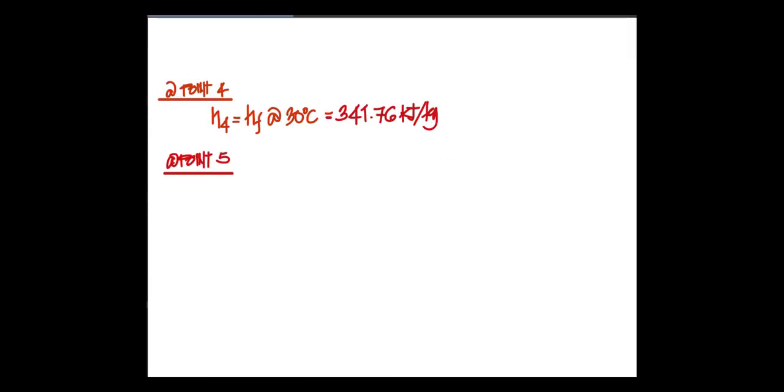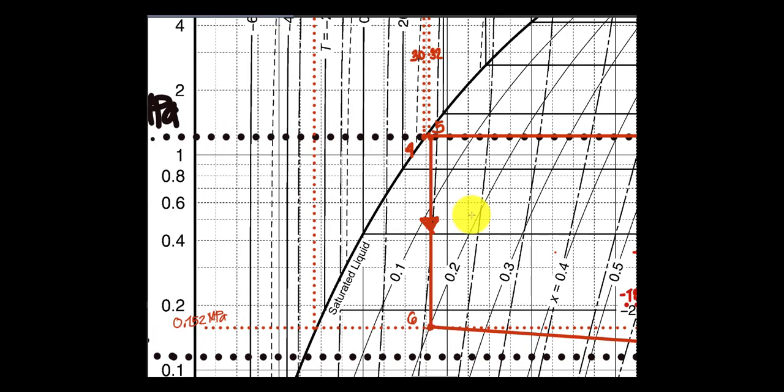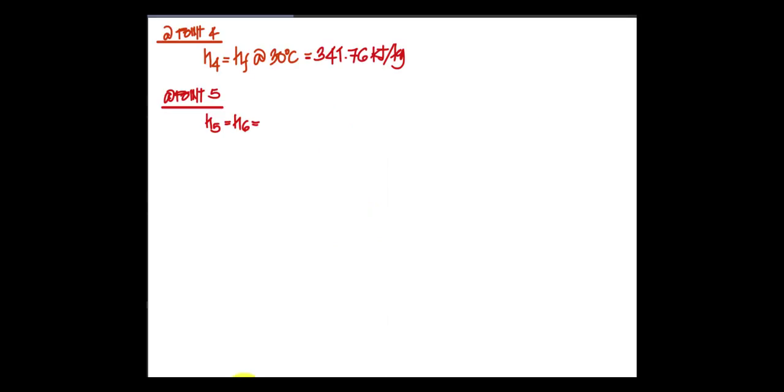Now let's go to point 5. Basing on our pH diagram, points 5 and 6, we have a constant enthalpy from 5 to 6. So we can write it down as enthalpy 5 is equal to enthalpy 6. Now our enthalpy 6 will equal the hf at 32 degrees Celsius.